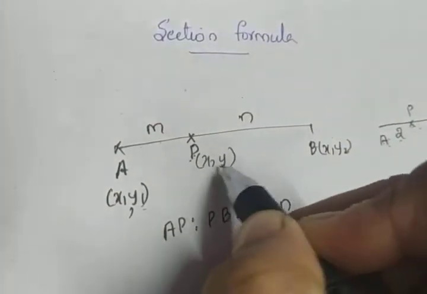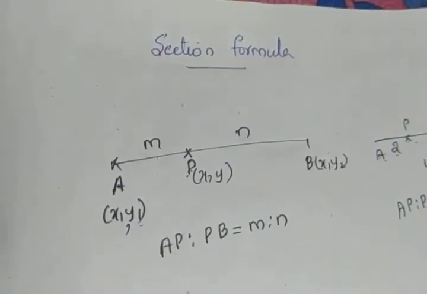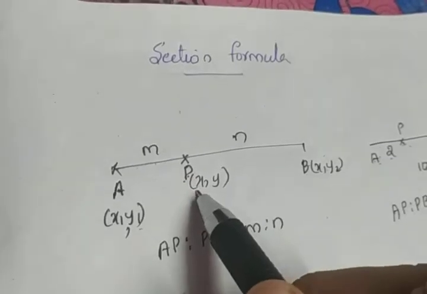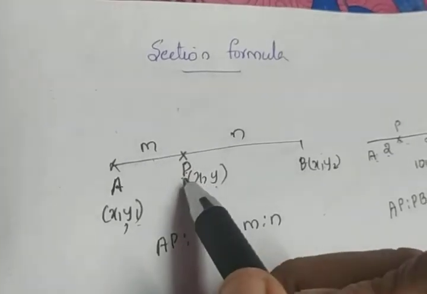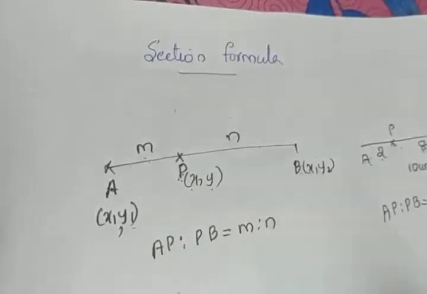I am taking the coordinates of P as (x, y). The section formula helps us to calculate the coordinate x and the coordinate y of the point P, which divides the line segment AB in the ratio m is to n.